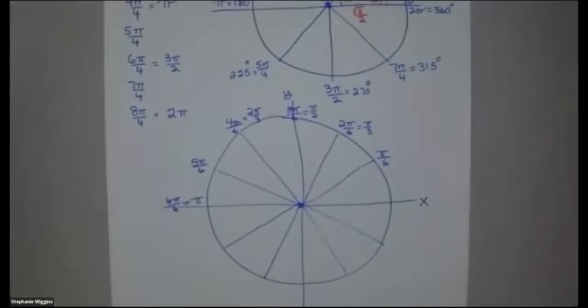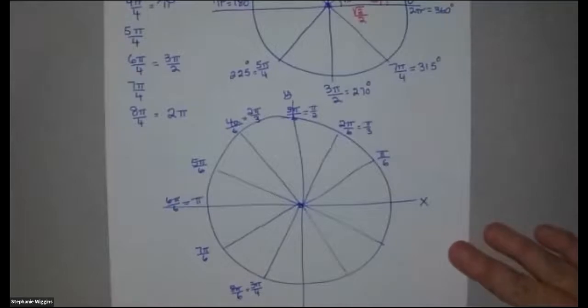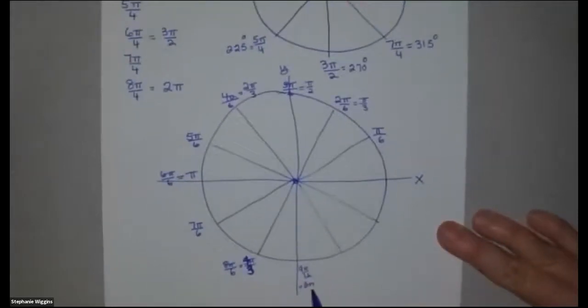So there we have. And if we keep going, this becomes 7 pi over 6, 8 pi over 6, which reduces to 4 pi over 3. Then we have 9 pi over 6, which is 3 pi over 2, 10 pi over 6, which is equal to 5 pi over 3.